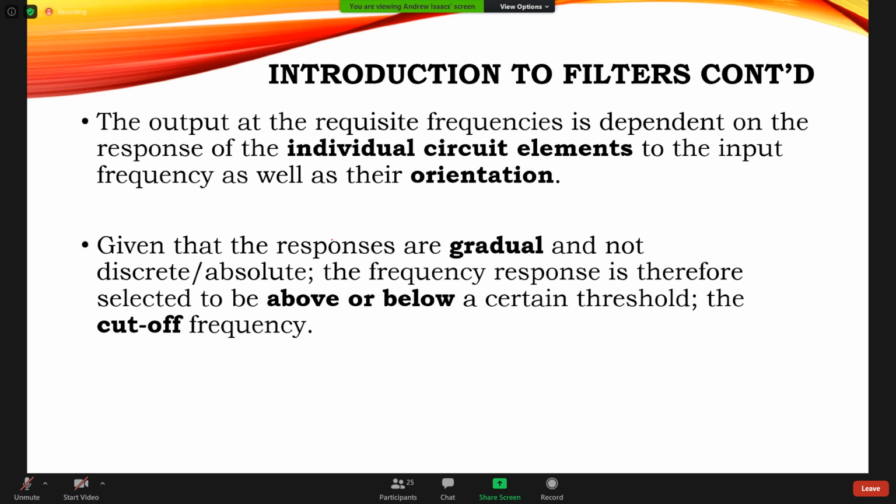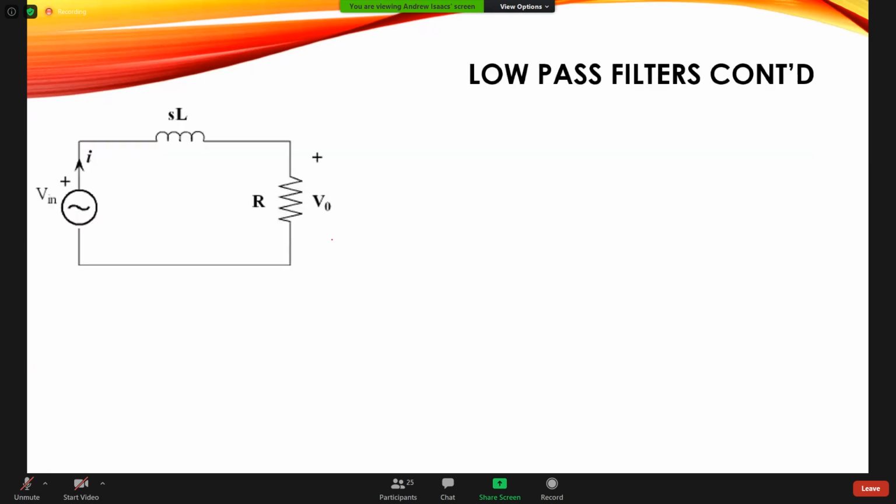Looking at each of these filters, we have to look at the elements, how they're connected, the appropriate output response, and fourthly, at what frequency we have cutoff. Those are the four considerations for each filter that we look at. The first one I want to consider this afternoon is our low pass filter.